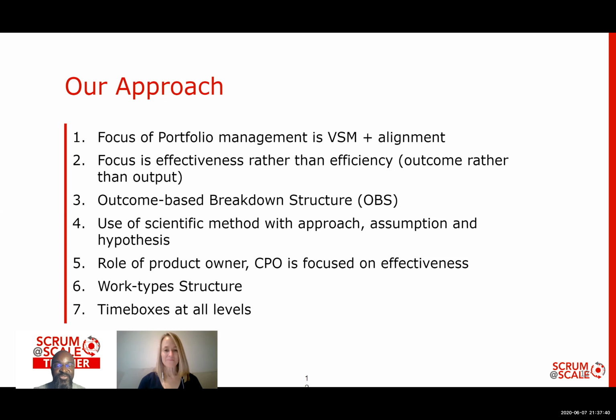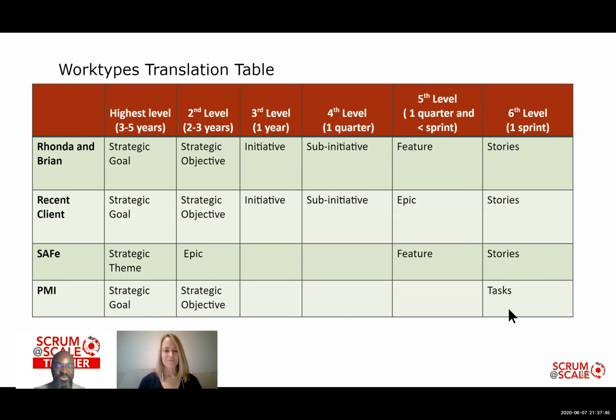When we say work type structures, what we mean is the hierarchy that is used to describe the work that's being done in the organization. Now, keep in mind, when we look at work type structures, we consider them value containers. And we call them value containers because these are the vehicles that transfer value from the organization to the customers.